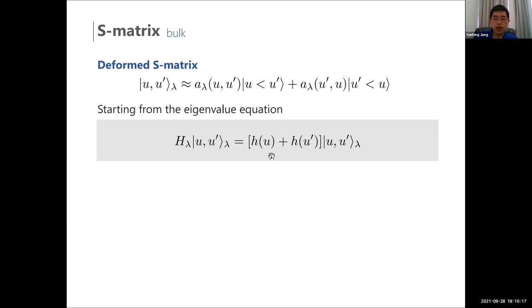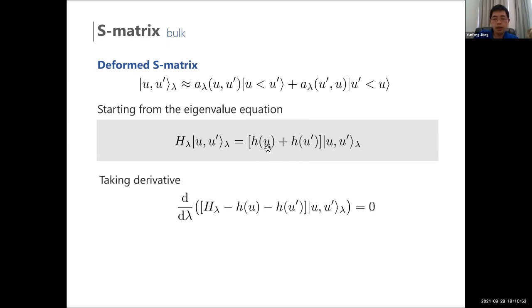Here it's important to notice that this H does not depend on lambda, because we are considering the system in infinite volume. As we know, TTbar and the other irrelevant deformations change the UV behavior. So they will change the finite volume spectrum, but they will not change the infinite volume spectrum. So it's important to keep in mind that this H, because we are in infinite volume, is not changed. So this is the undeformed H.